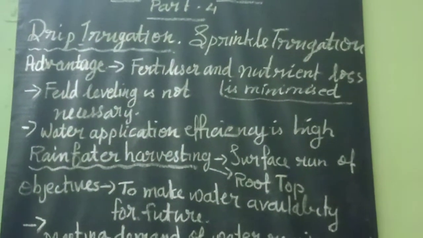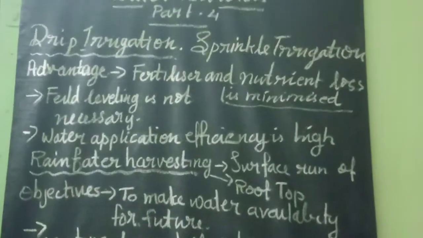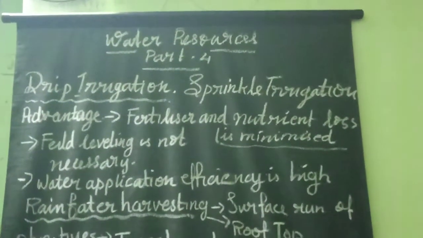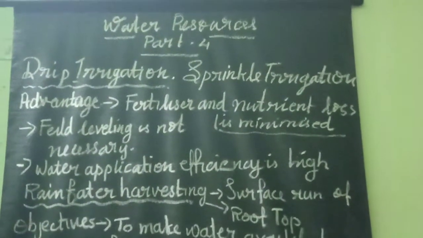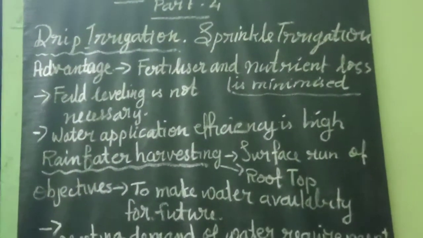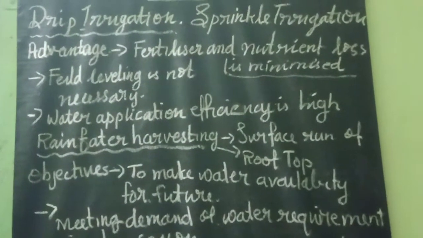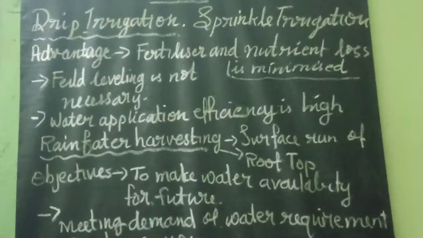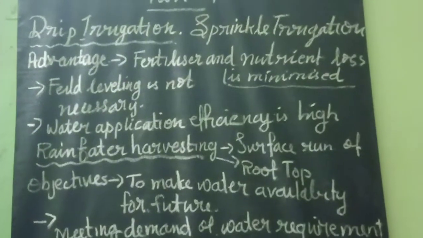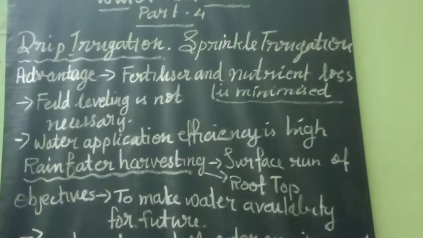Okay, so what are the advantages of drip irrigation? Fertilizer and nutrient loss is minimized due to the localized application and reduced leaching. When we are applying water, fertilizer and nutrients will remain there as it is because no leaching will take place.